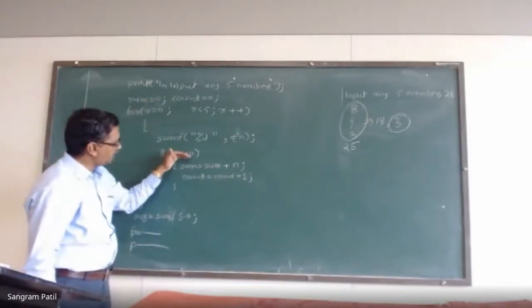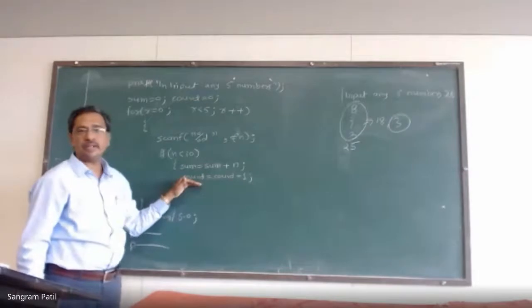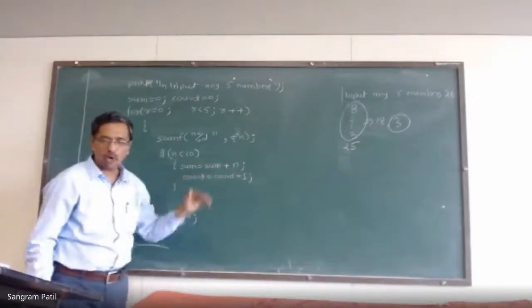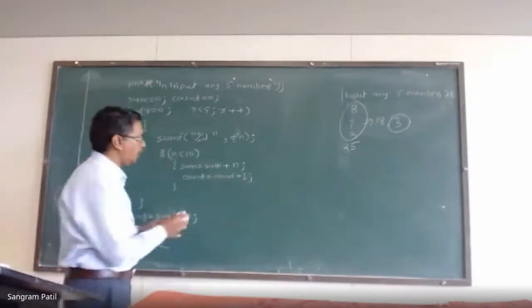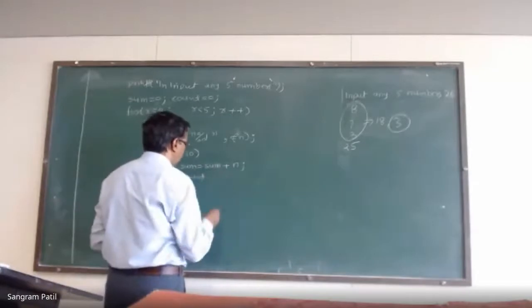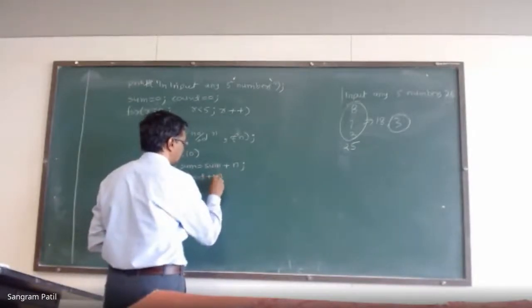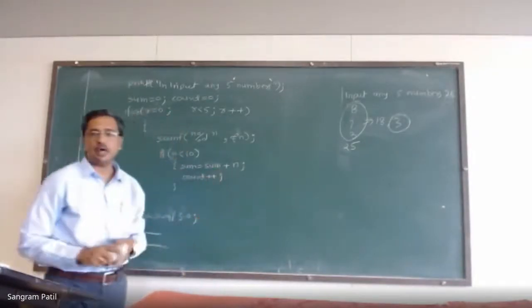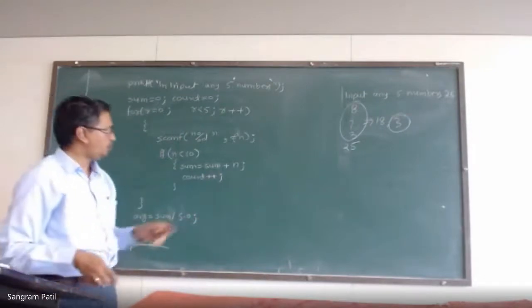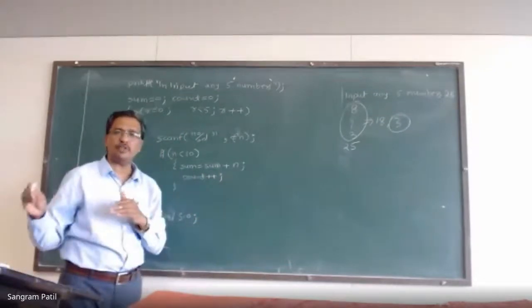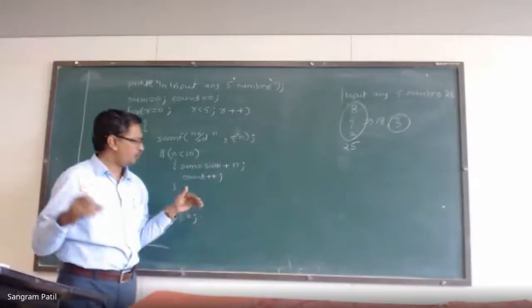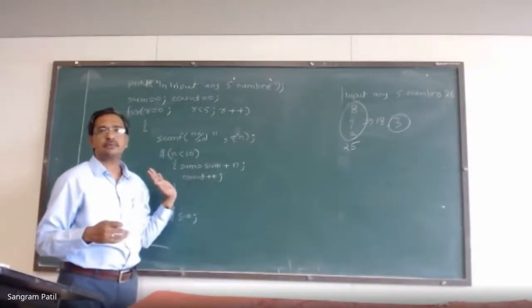If number is less than 10, add the number and increment the count. So count equal to count plus 1 increments count by 1. So we have to use here count plus plus. Means instead of count equal to count plus 1, a lengthy statement, we use only count plus plus.